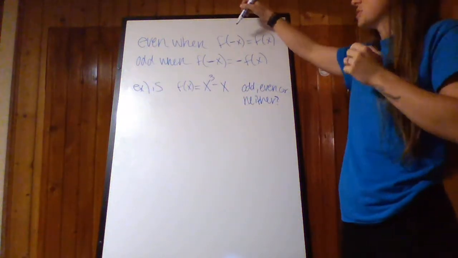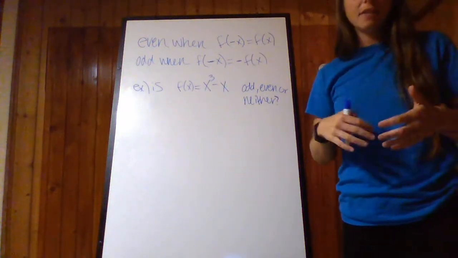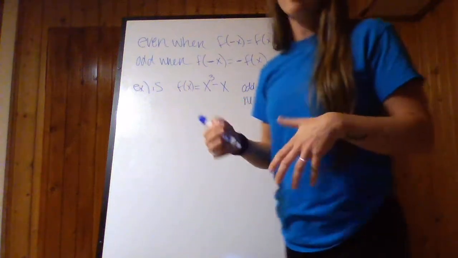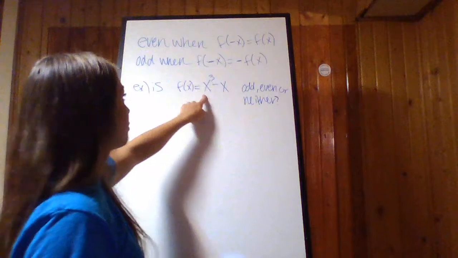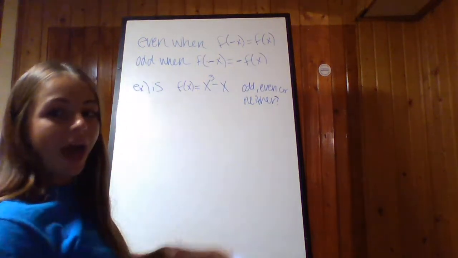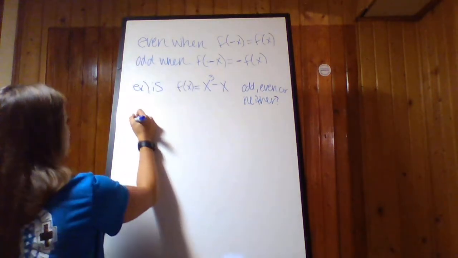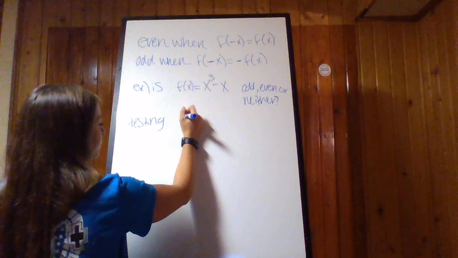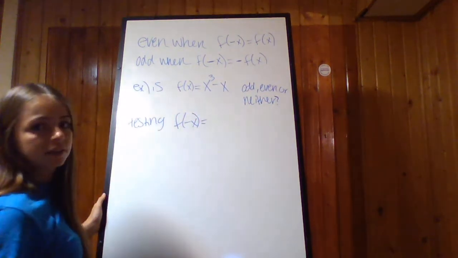So now instead of substituting like f of 3 or f of 7, this time I'm taking f of negative x. So every single place I see an x, right here and right here, I have to add in a negative right in front of it. And I like to do that in parentheses. So here's me testing f of negative x.